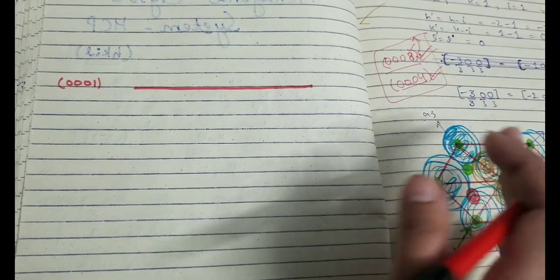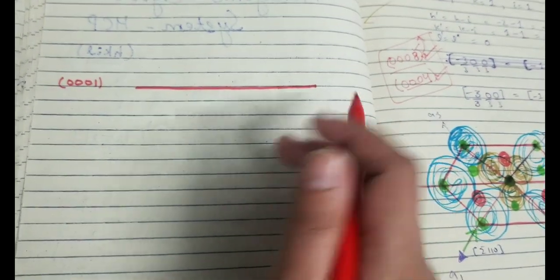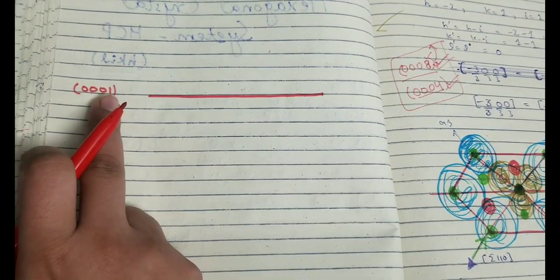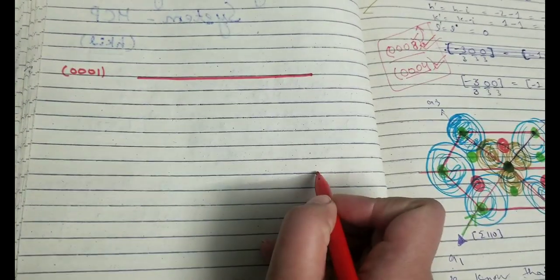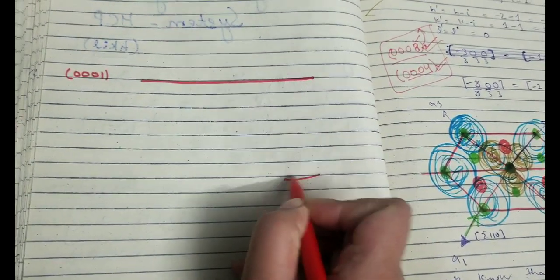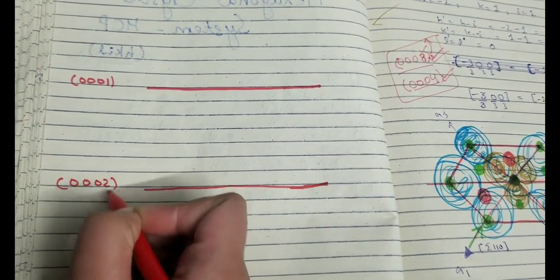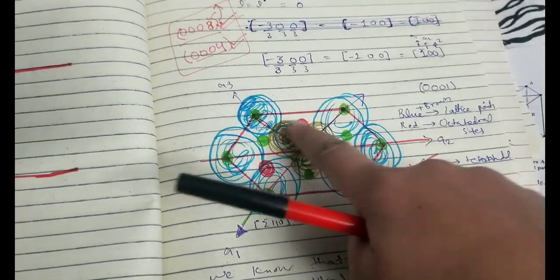It's up to you if you leave it. So it's the 0001 basal plane. And after that we know that there is a center plane which is 0002, which has these brown atoms in it.